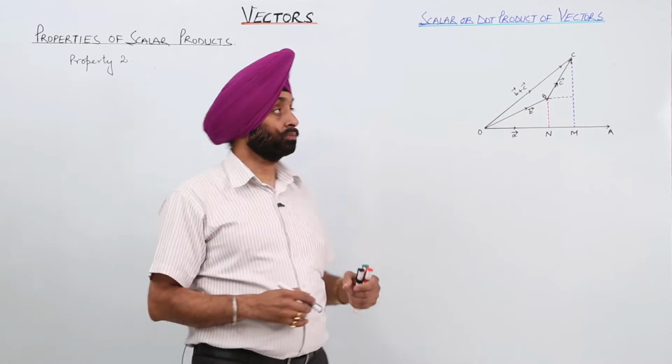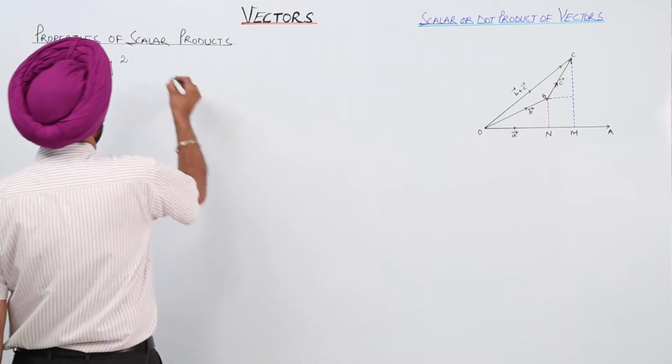Property 2, we are having distributivity.